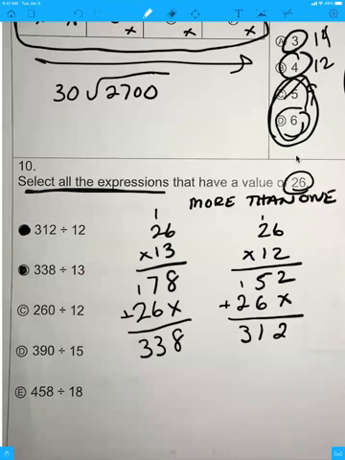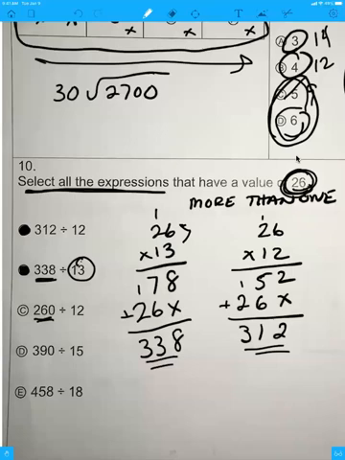B works. It equals. Remember, when I multiply 26 times this number here, I have to get this, right? Now, you could do the division if you want. But here's another one. If 26 times 13 is 338, does it seem like 26 times 12 would only be 260? If you get really good at your test-taking strategies, you'd go, that doesn't make sense.